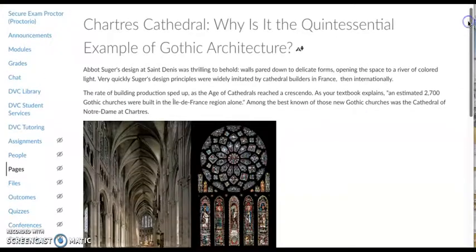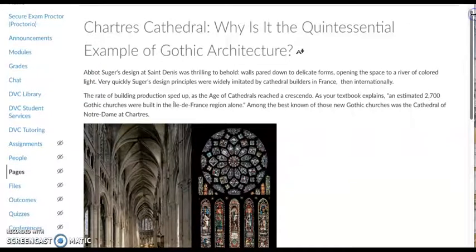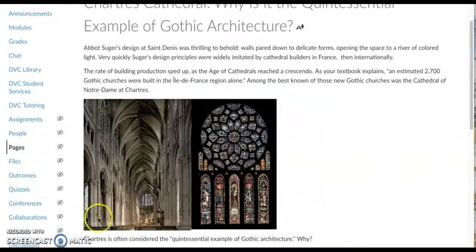Okay, here we are. So an example of Chartres, often called the quintessential example of what so-called Gothic architecture is about. Well, it's about so many things, right? There's a complexity here that you need to contend with in this module.